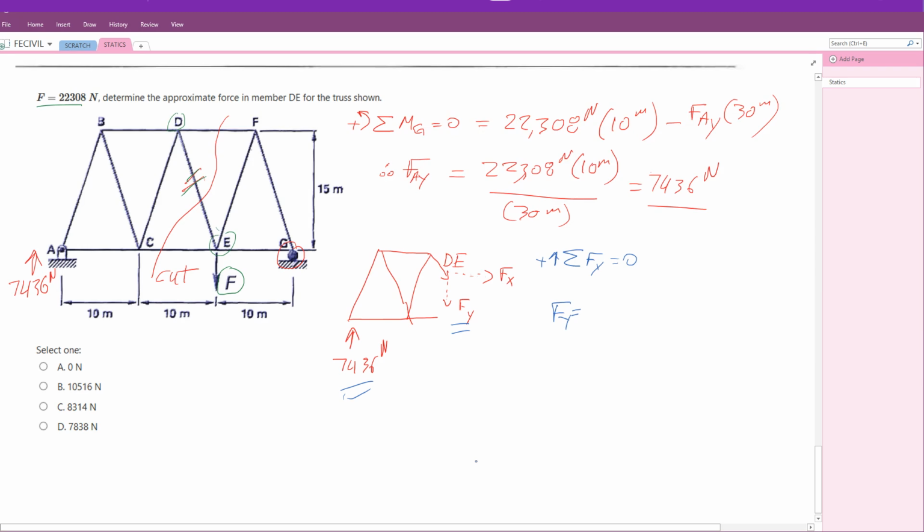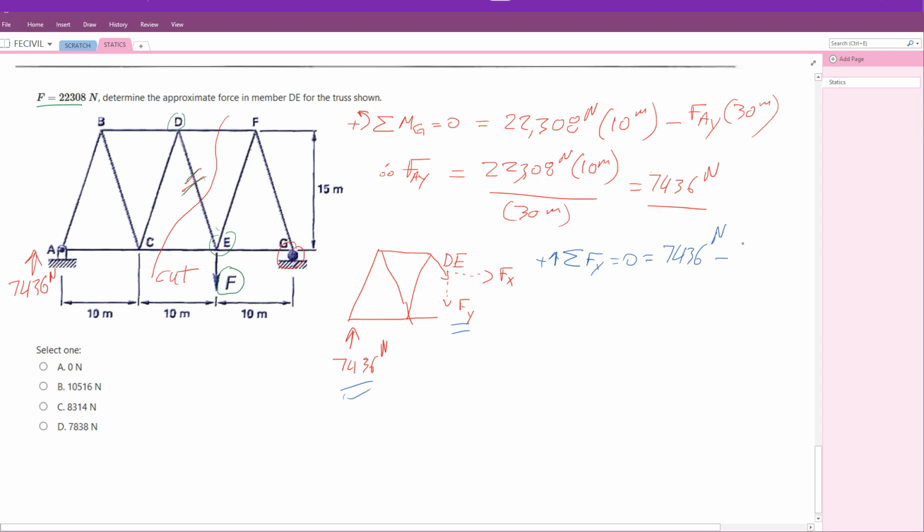Or you know what, some of you do really need this step, so I'm not gonna actually deprive you of that. Okay, let's just see the forces in the y direction. We have 7.7436 newtons going up, and then we have this force coming down.